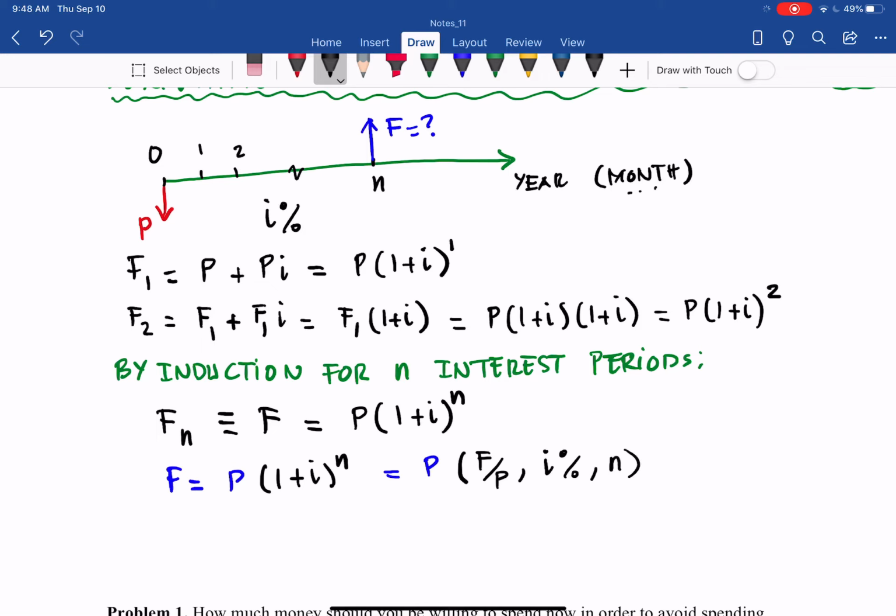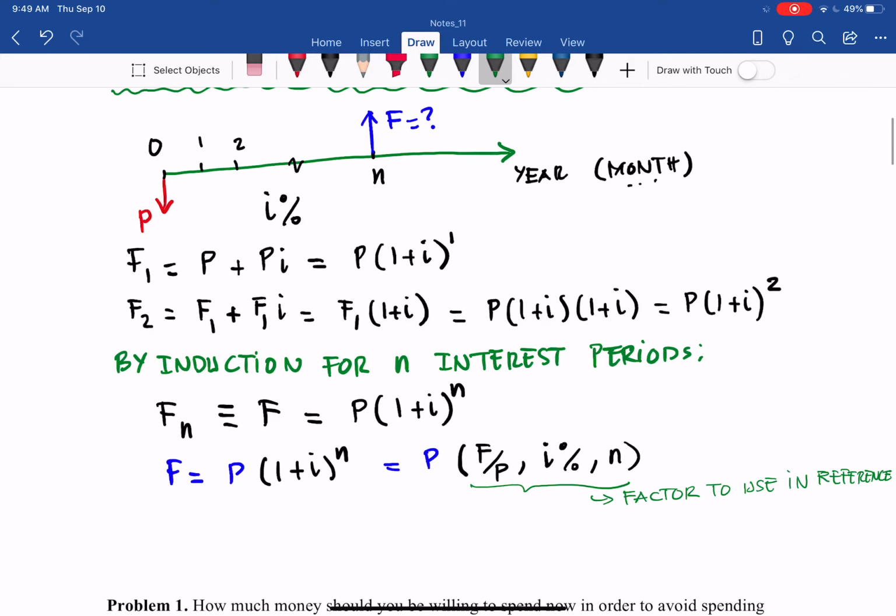This is a factor, not a ratio, to use in the reference. I will go over it in a minute, but that is what we have.